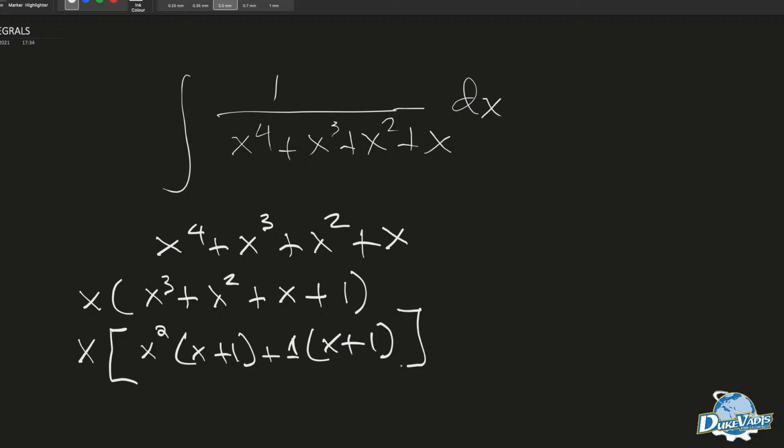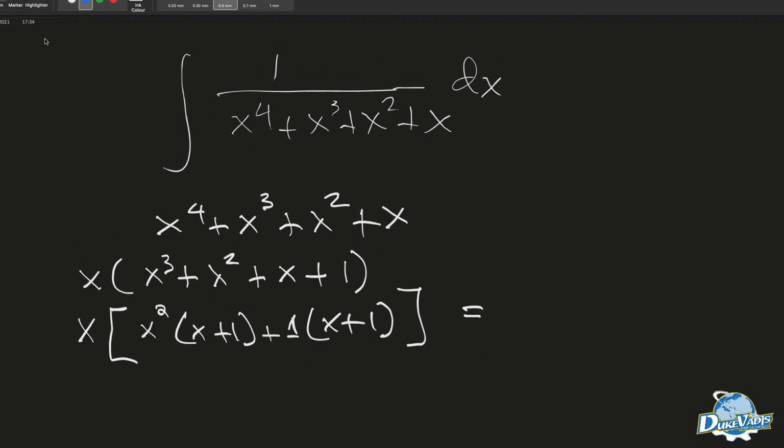And the middle part, we can further expand as x squared times x plus 1. Let's break it further. I think it's a bit long, so let's try this way.